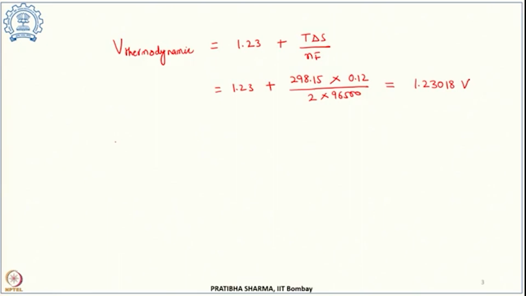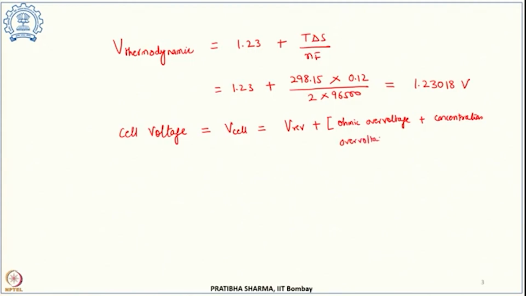Now the denominator in eta, for finding the efficiency, is the cell voltage, and the cell voltage is given as the reversible voltage plus the voltage arising due to overvoltage, whether it is ohmic overvoltage or concentration overvoltage and activation overvoltage.